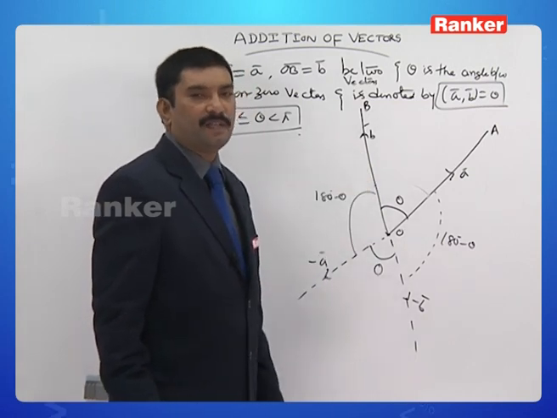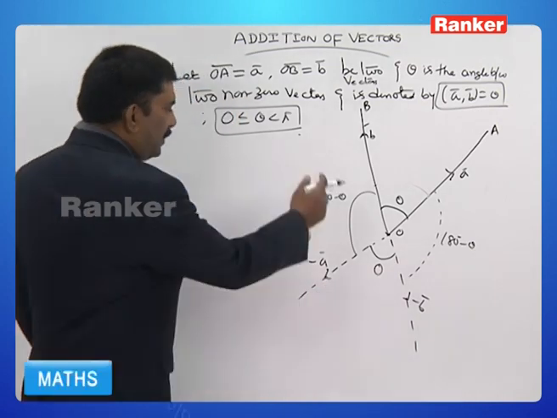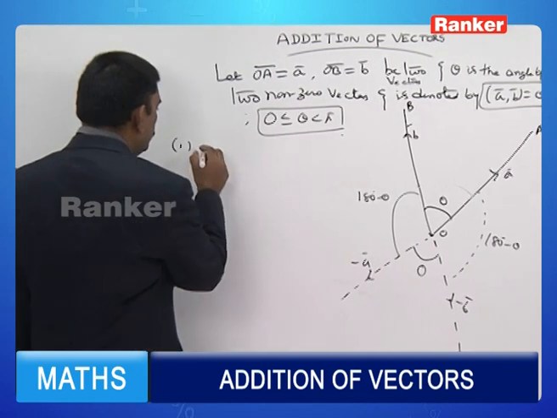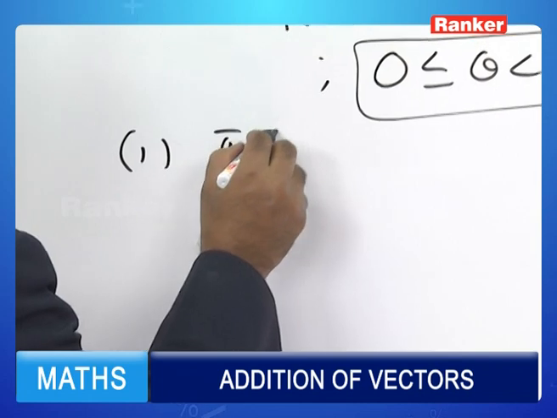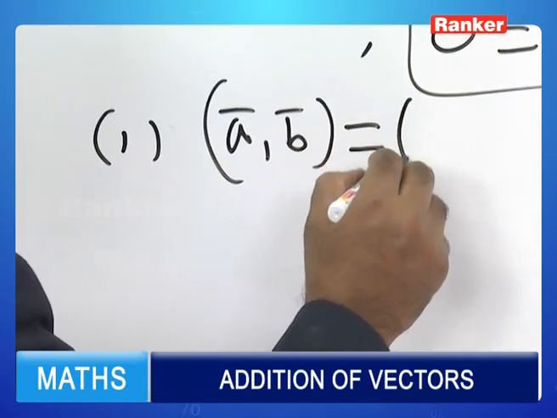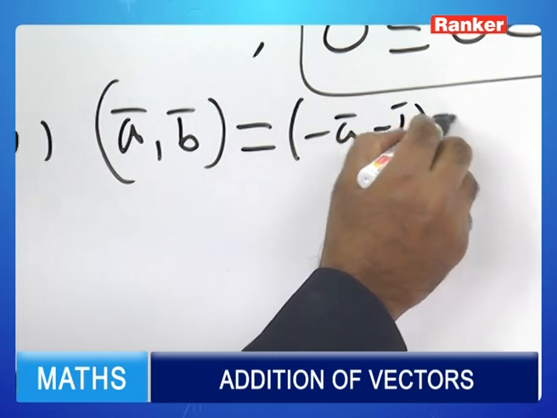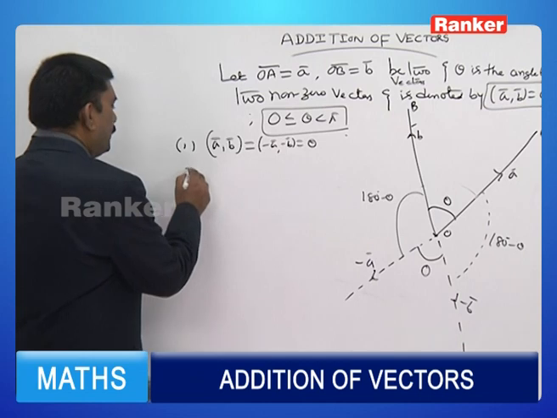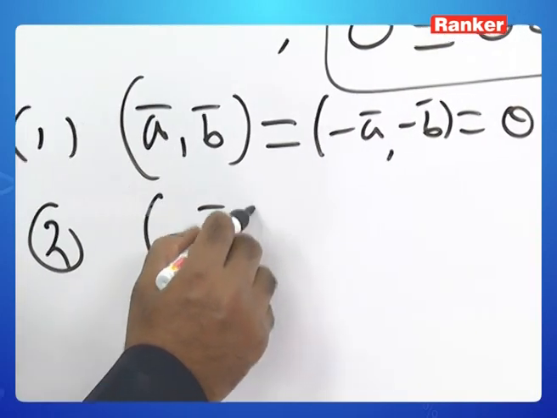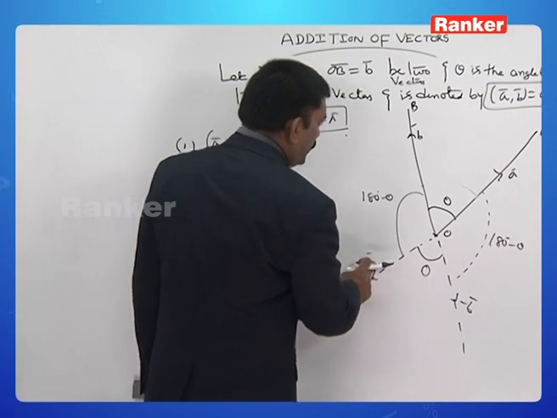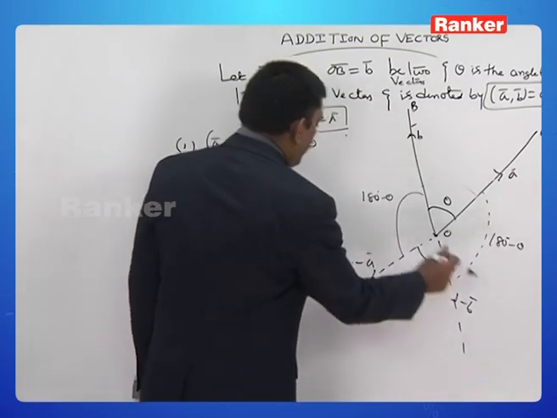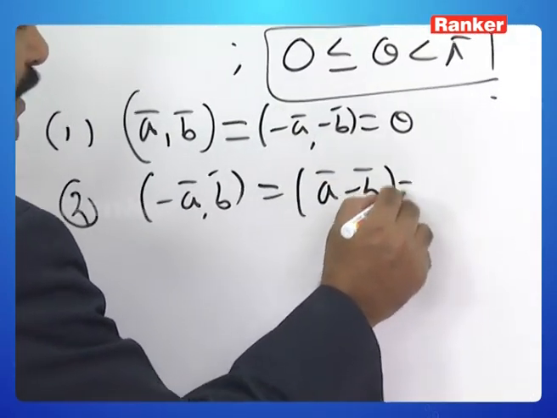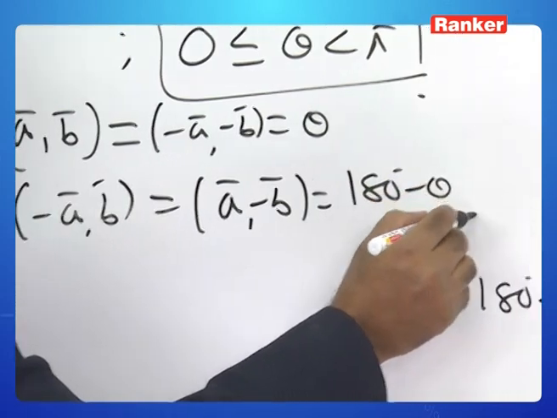They are in opposite directions. So from this, the first observation is that the angle between A bar and B bar is equal to the angle between minus A bar and minus B bar, which is theta. Next, the angle between minus A bar and B bar, that is A bar comma minus B bar, can be written as 180 minus theta.